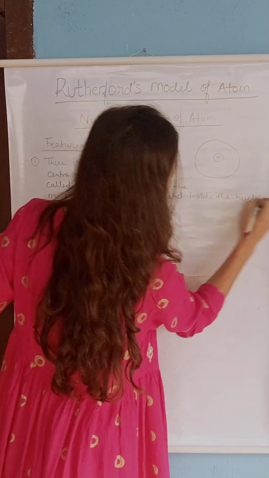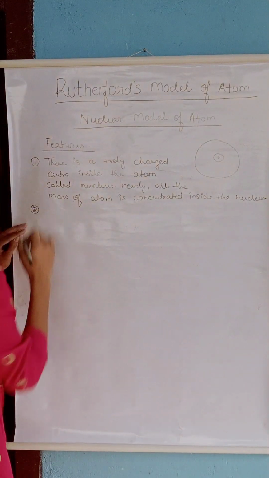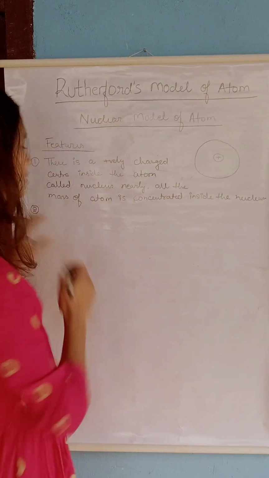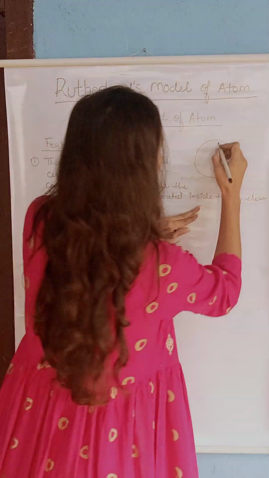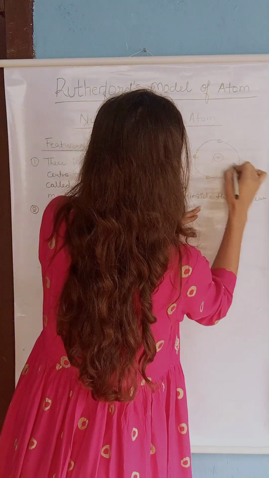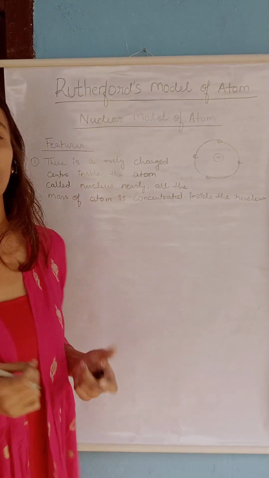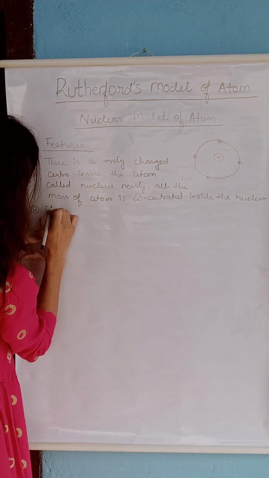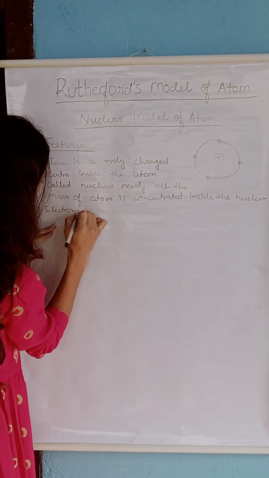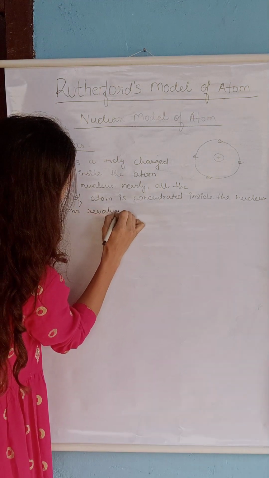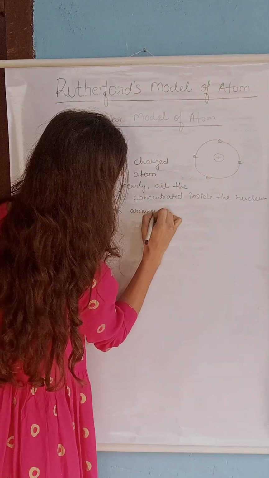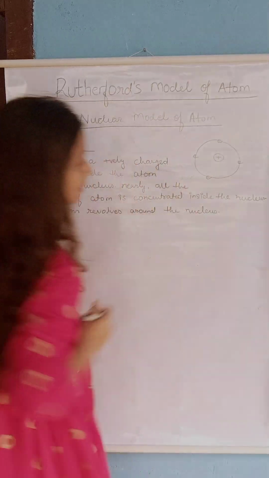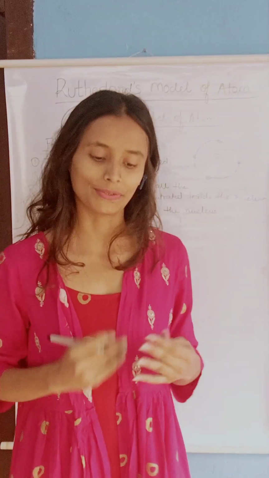His second feature was that the electrons revolve around the nucleus, and that's why this model is also known as the planetary model of atom. The electrons, the negatively charged species, revolve around the nucleus, just as planets revolve around the sun.